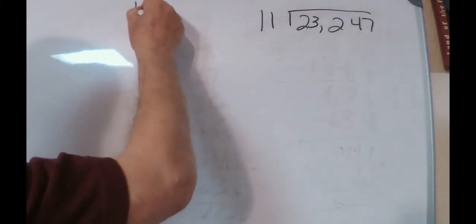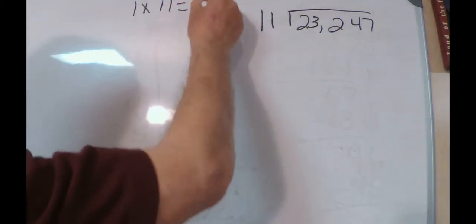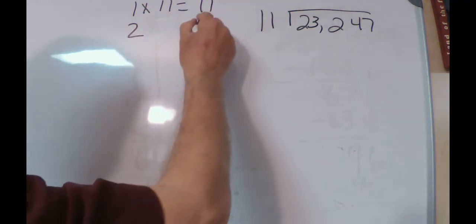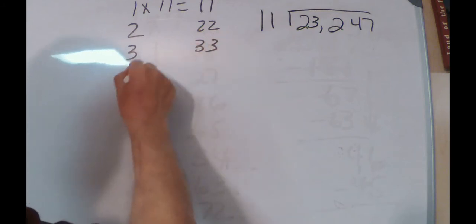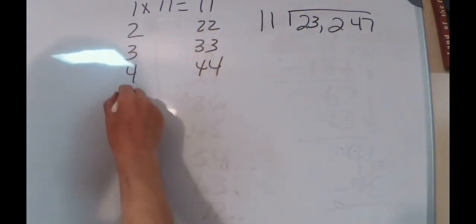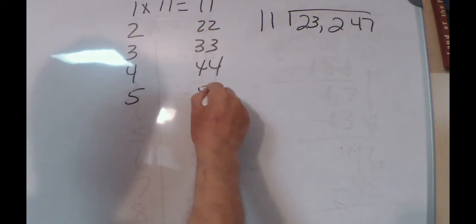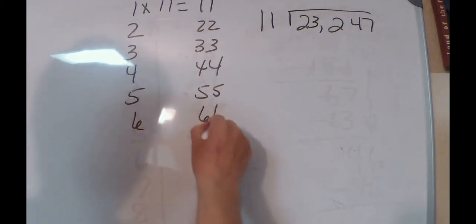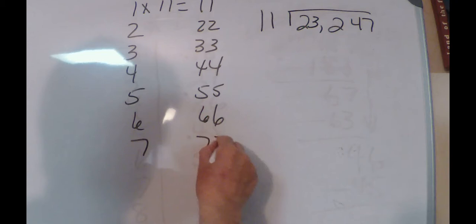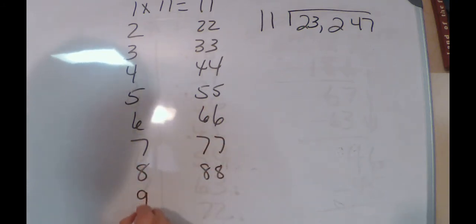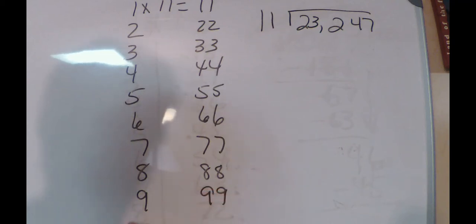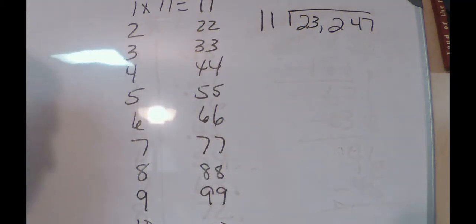So if I have 1 times 11 is equal to 11, 2 times 11 is 22, 3 times 11 is 33, 4 times 11 is 44, 5 times 11 is 55, 6 is 66, 7 times 11 is 77, 8 times 11 is 88, these are pretty easy, 9 times 11 is 99, and 10 times 11 is 110.